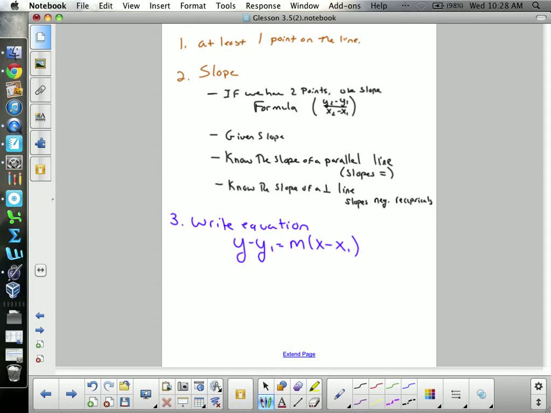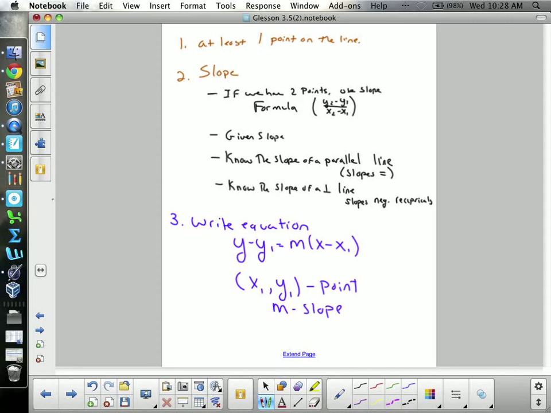That's probably what ends up being the simplest way, because it uses a point, okay? x1, y1 is the point, m is the slope. And we already know at this point a point and the slope, don't we? Since we already know the point and the slope, point-slope formula is the easiest way to do it.